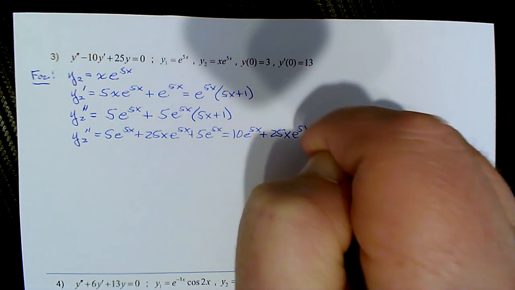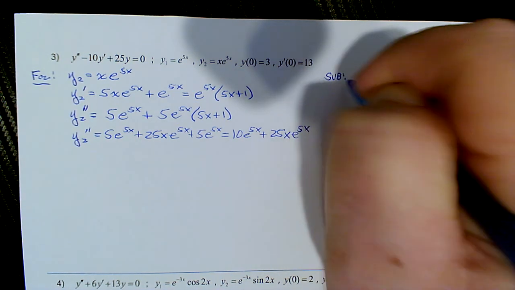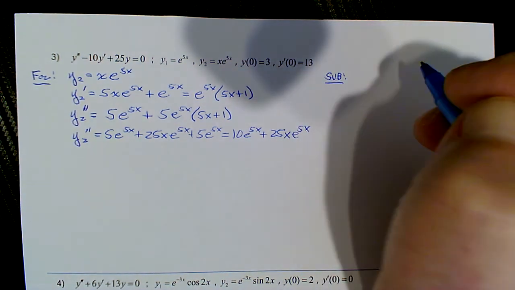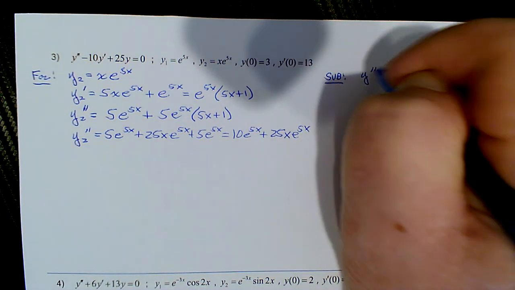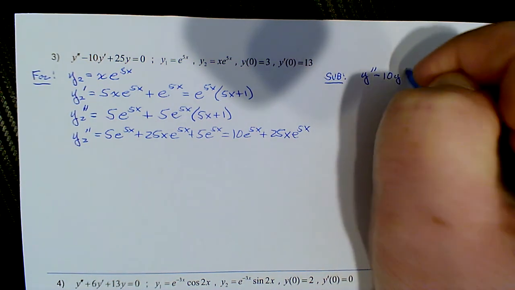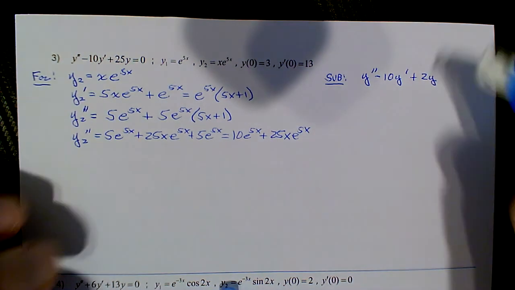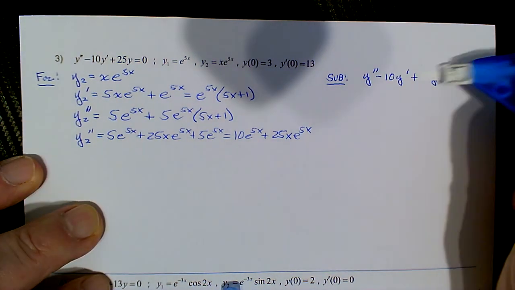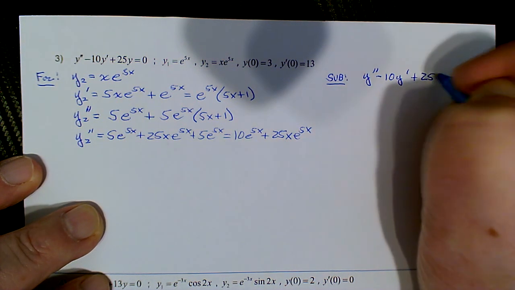Alright, so now the verification, we'll substitute. We've got the equation y double prime minus 10y prime plus 25y is 0.